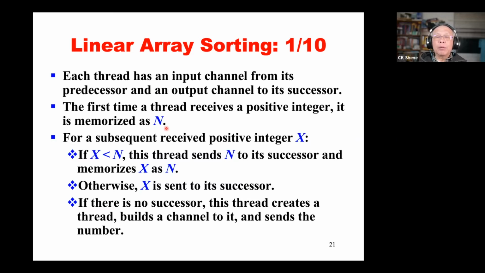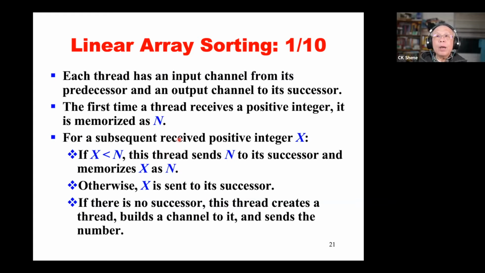Suppose I am a thread created with two channels, one incoming from my predecessor, one outgoing to my successor. Initially, I do not remember anything. The first time I call receive to get something from my predecessor, I get a number. Let's say a positive number. I memorize this number as n.